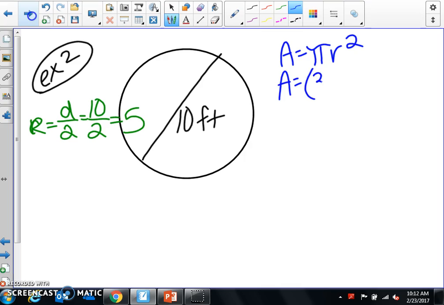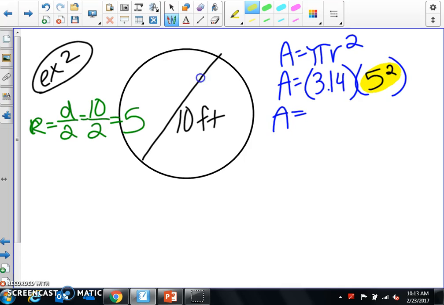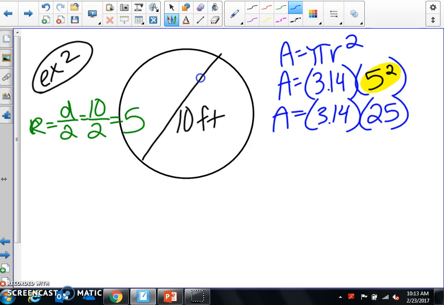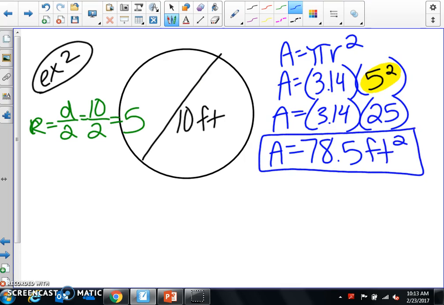Area equals, turn pi into 3.14. The radius is 5 squared. Just like before, we have to do the exponents first. 5 squared is 5 times 5, which is 25. Bring down your 3.14. Put that in your calculator, and you should get area is equal to 78.5 feet squared.